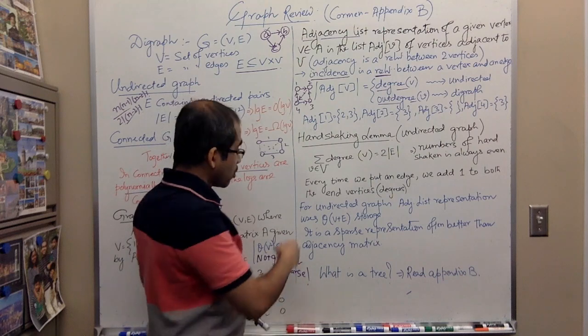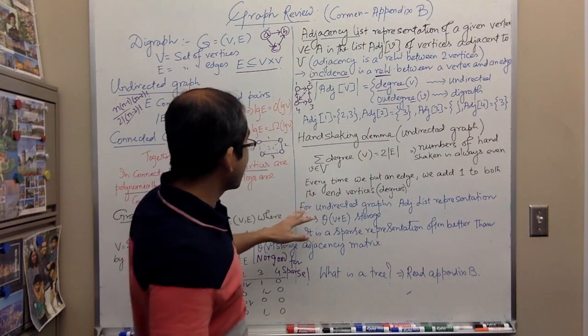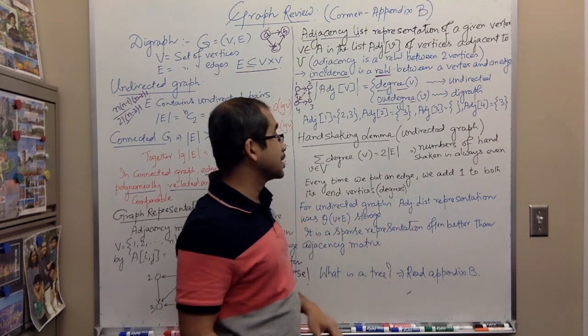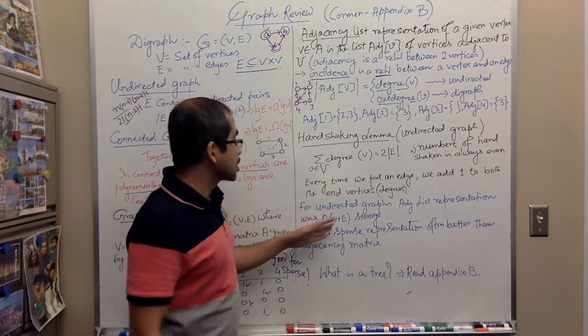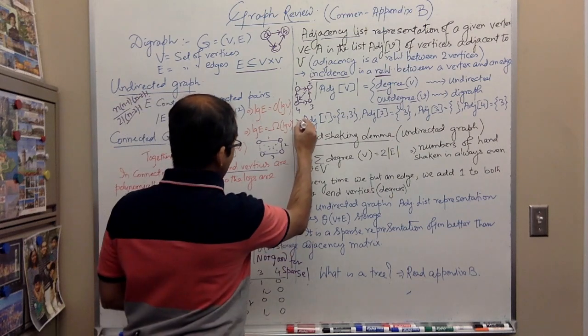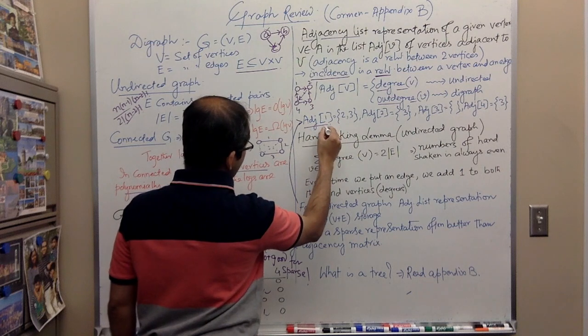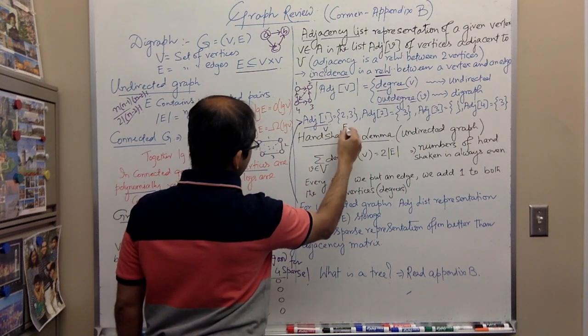Now one more time we talk about the adjacency list. For an undirected graph, adjacency list representation uses theta of v plus e storage. You can easily see from here that this is the v and these are the edges coming out of it.